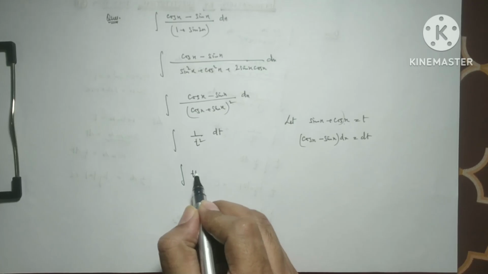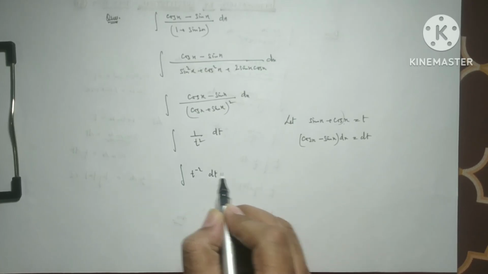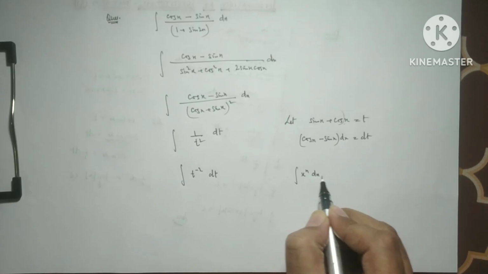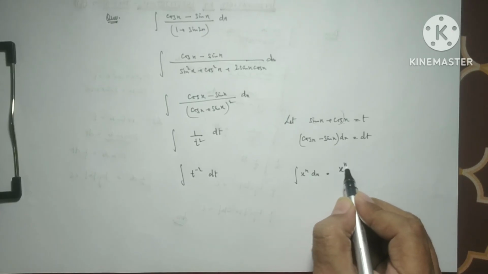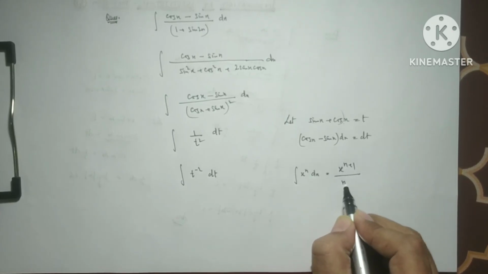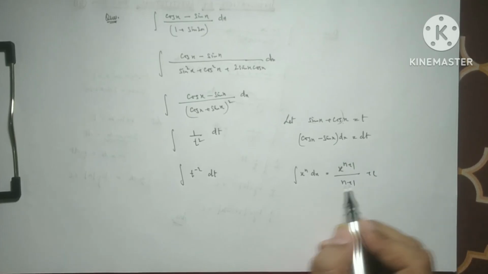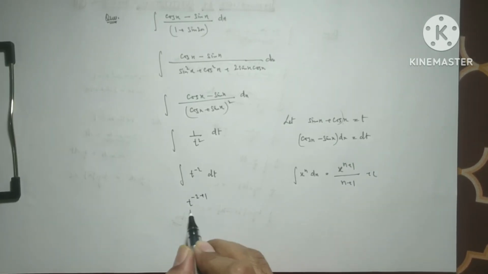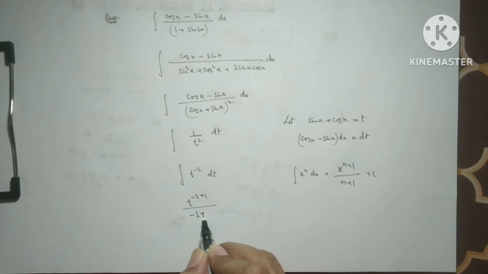Right now this is t raised to the power minus 2 dt, so we use the standard integration formula of x to the power n, that is x to the power n plus 1 over n plus 1. So it becomes t raised to minus 2 plus 1 over minus 2 plus 1.